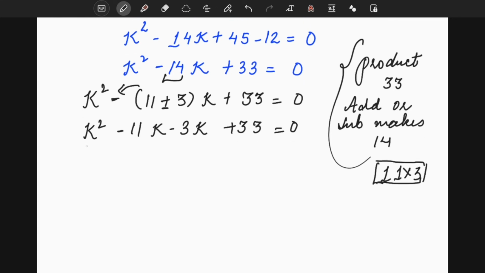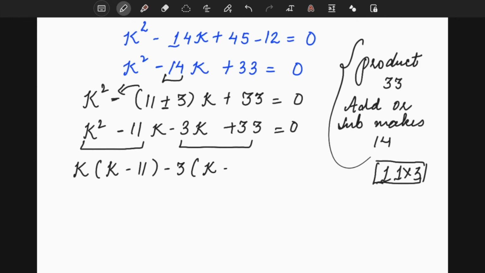Now we have to make factors to find the value of k from here. Okay, what we will do, we take k as common from both these, it will become k minus 11. After that, again the same rule applies over here. We have to find anything common from both these, it's minus 3, so we are left with k minus 11.